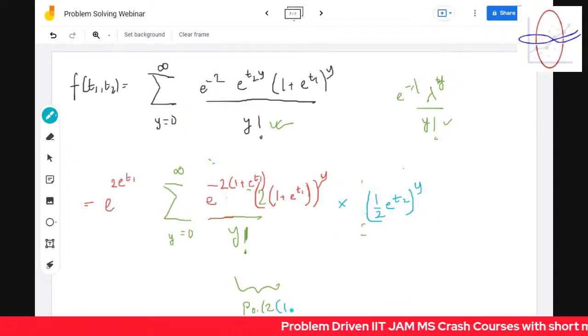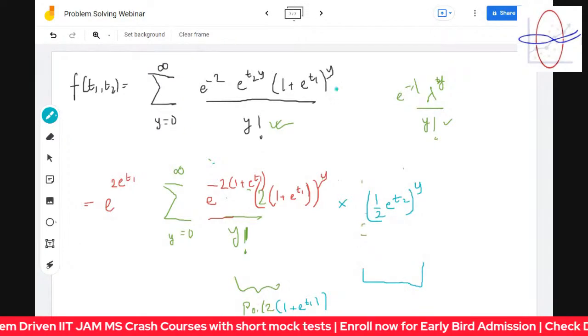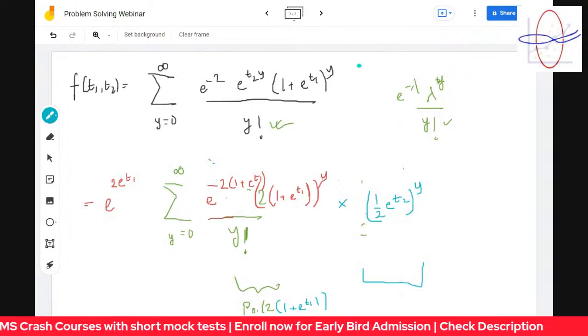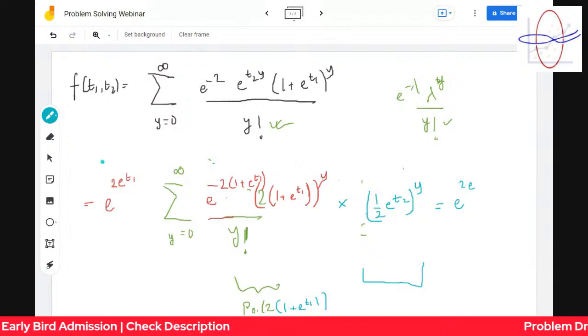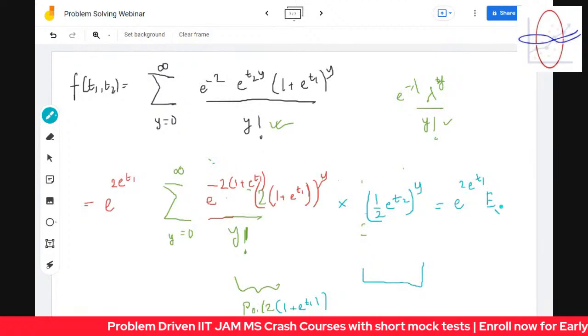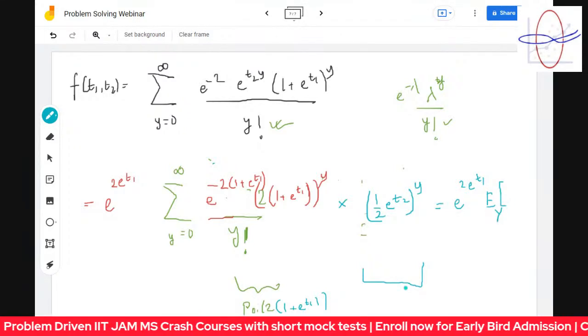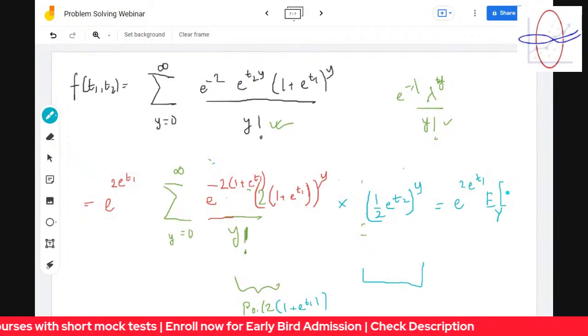So yeah, it's Poisson, e to the power 1 plus this is the Poisson, and this is the extra part. So we are getting, therefore, it's equivalent to e to the power 2, e to the power t1 times the expectation of y, where y follows this.